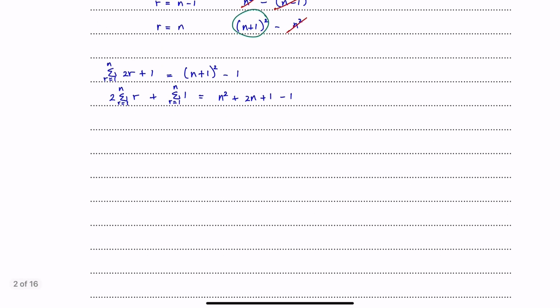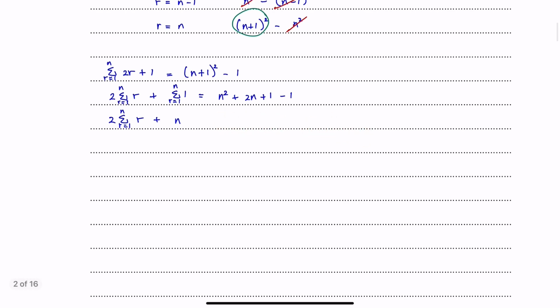So this will be n, because basically this is when you add 1 plus 1 plus 1 plus 1 for n times. So that will be n, so it equals n squared plus 2n.